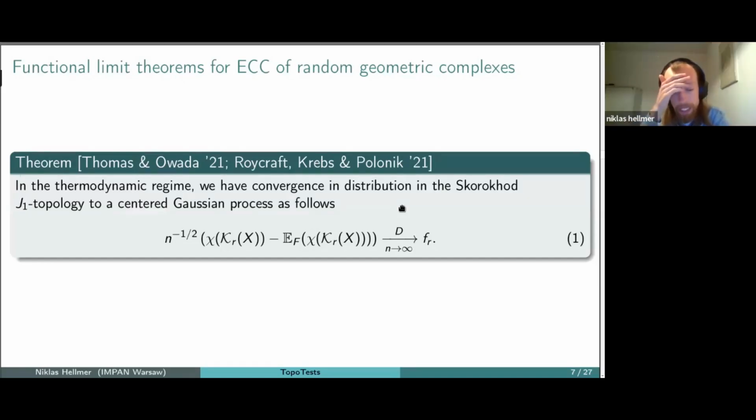The expected Euler characteristic curve for finite samples, I think, has never been explicitly computed. There was a paper by Herbert Edelsbrunner and other people, I'm afraid I don't remember, about the expected number of simplices in Delaunay triangulations you obtain from random point samples.